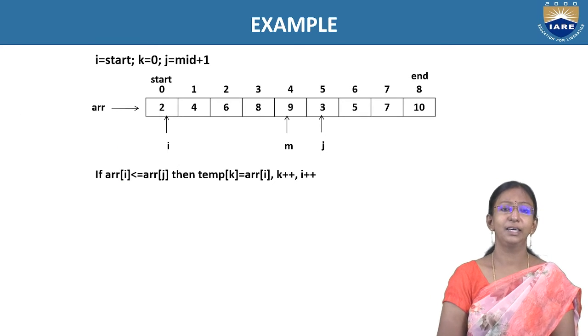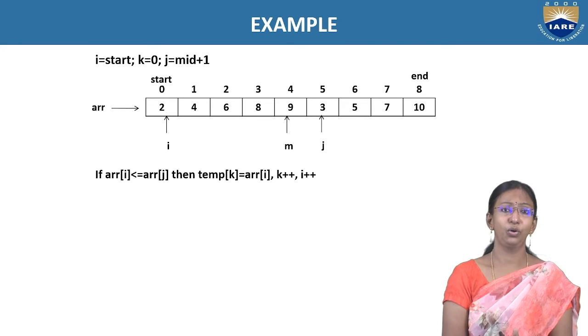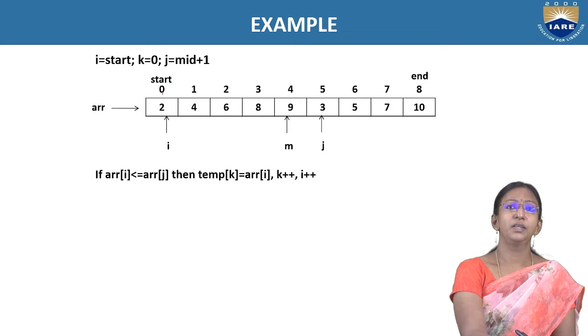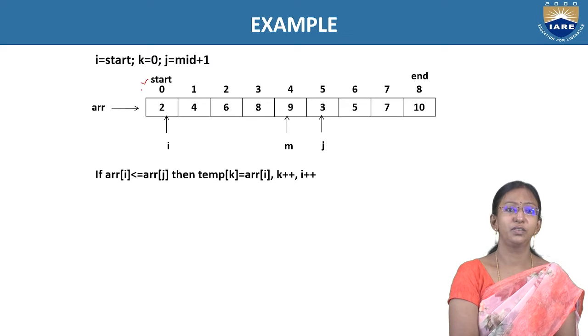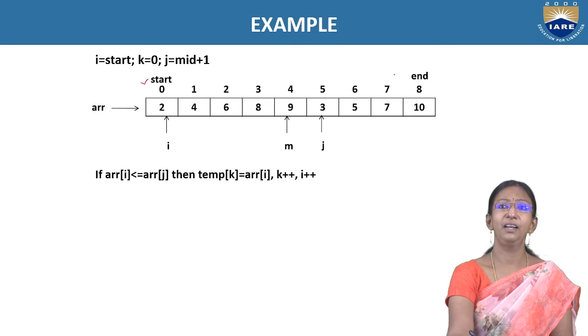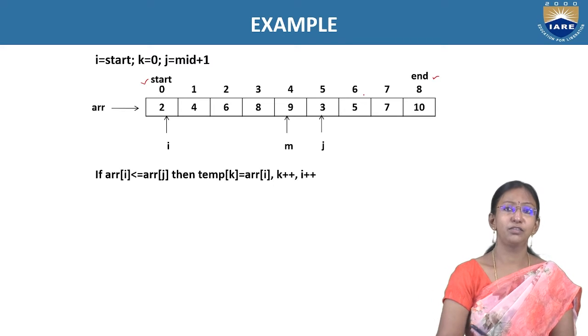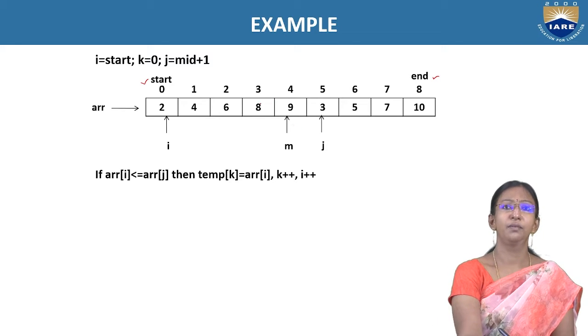Here you can see that this is a small list of unsorted elements, right? So now the variable start will be pointing to the 0th index, whereas end will be pointing to the maximum index, right? So I'm going to break this list into halves.